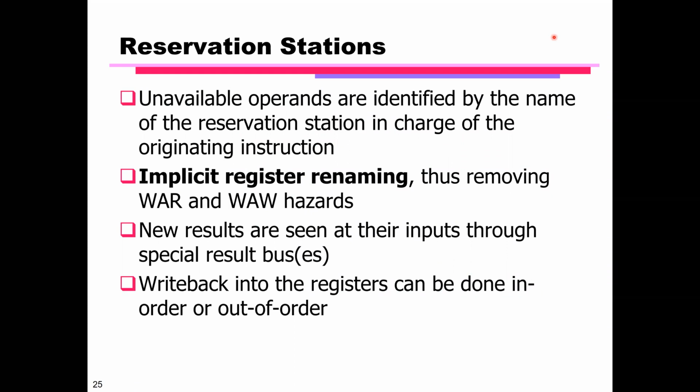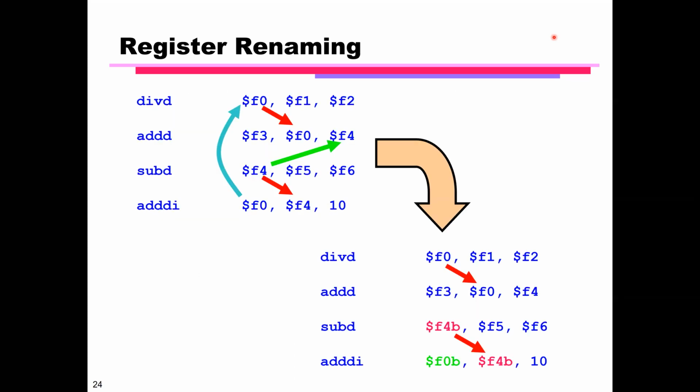At least it is solved inside the processor for propagating the values between the different units. Let me go back to this example. If you remember our discussion before, I'm not calling this F0 like the programmer called it, but I'm calling it with a new name that I invent at the moment I'm executing this instruction, and this name is unique.